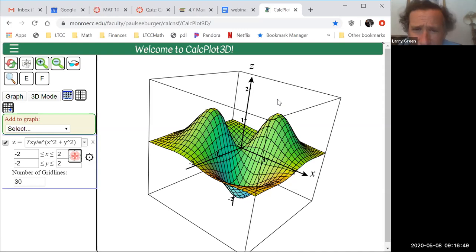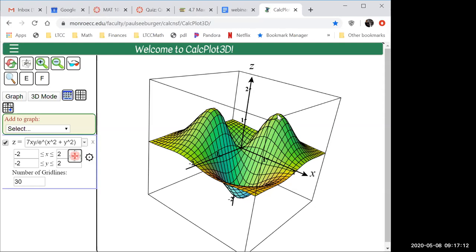So what does that tell you about the gradient? What's the gradient at this maximum? So what's the gradient of this function at the maximum? It's equal to z?